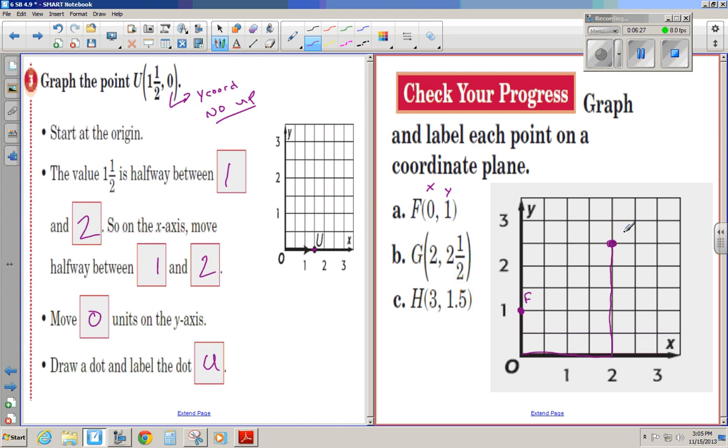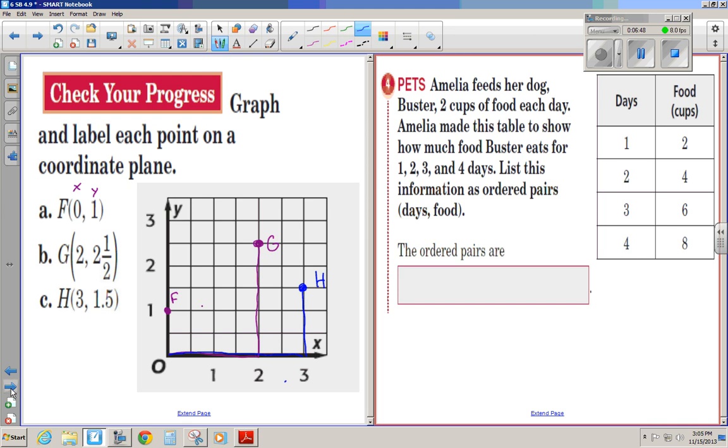Draw a point, label it G. Now do 3, 1.5, label it H. And that's it. That's how you plot these points.